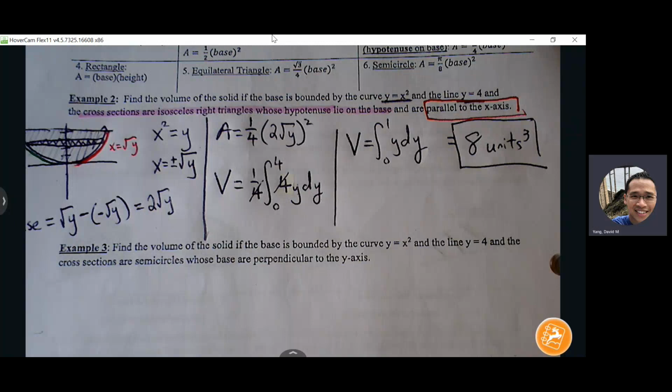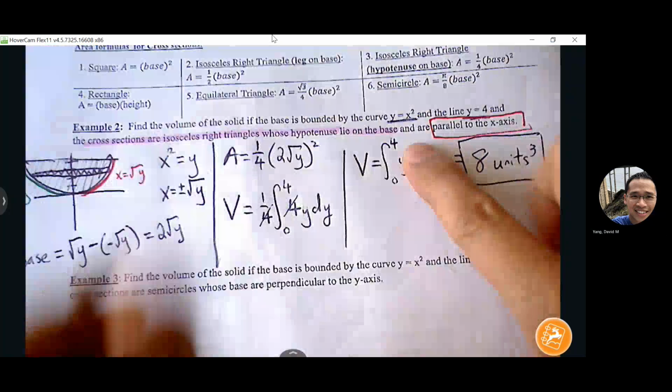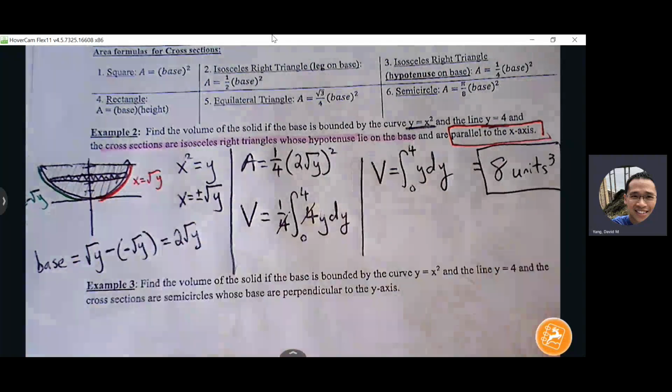Oh, sorry, my bad. It should be 0 to 4. Yeah, lowest y value to highest y value, 0 to 4.